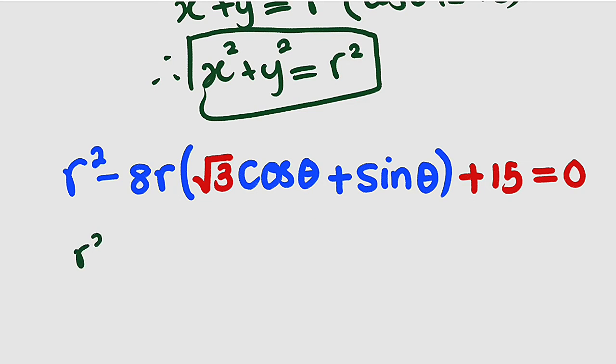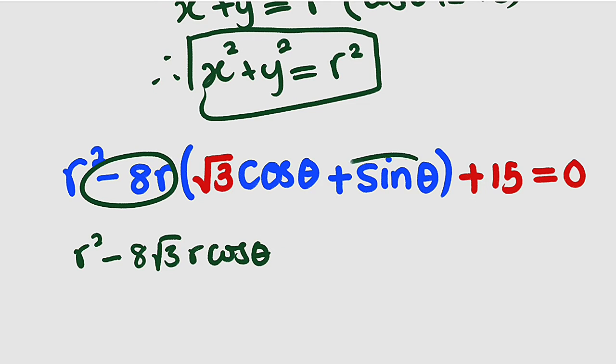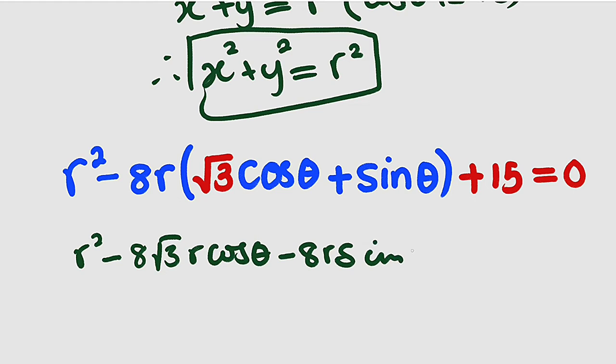We have r squared minus, if you take the whole of this and multiply by this, you're going to have negative 8 root 3 r cos theta, right? Then the whole of this multiplied by this again, we have negative 8r sine theta. And I may decide to take this one to the other side. It will become negative, so this is equal to negative 15.